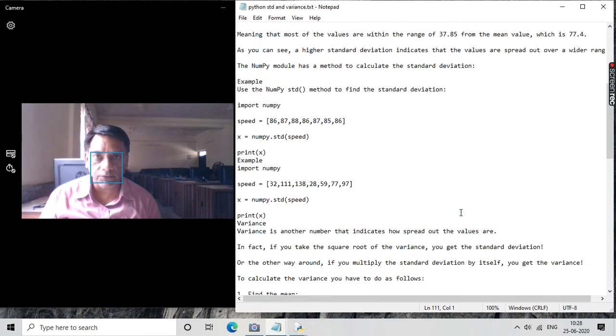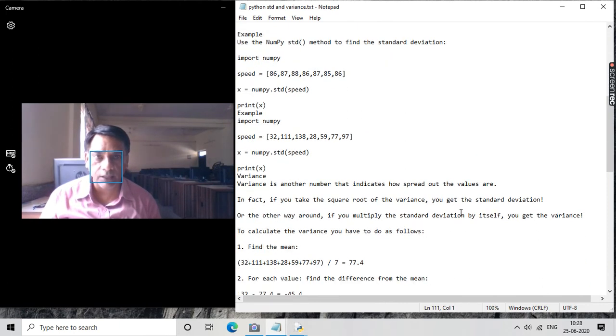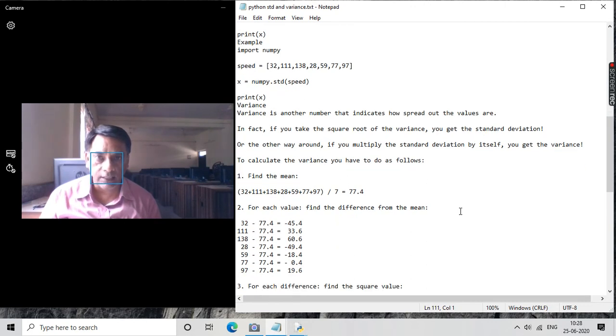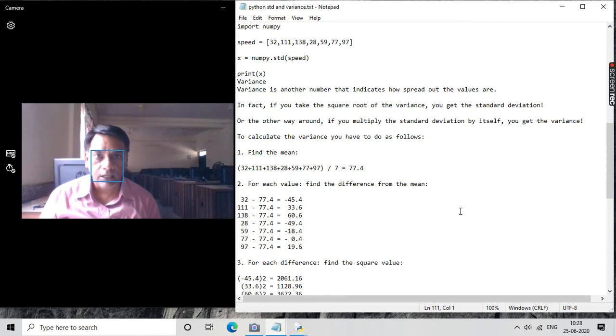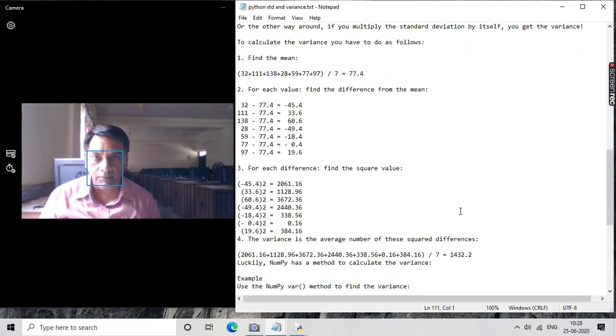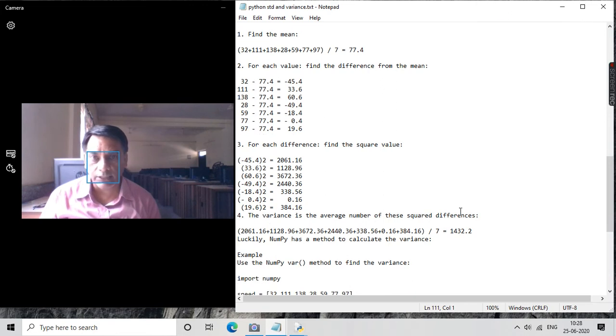First it calculates the standard deviation, then finally it comes to the variance. As per definition, variance is another number that indicates how spread out the values are, and I have made some of the calculations of how variance is calculated here.